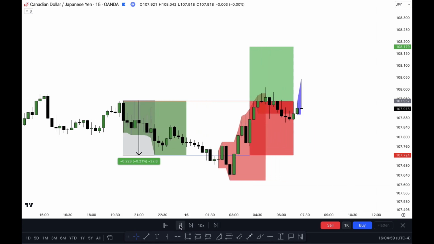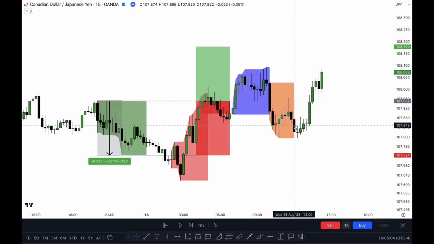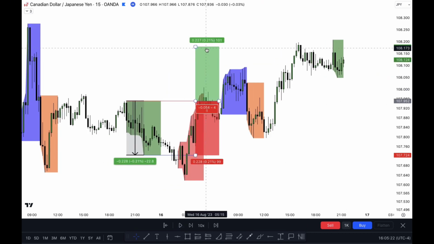You play it forward. We can see even after 12 p.m., we don't get that TP that we're waiting for. But if you do stay patient or you stay on ship, because some people do abandon ship and they close out before the market does take more away from them, or they hold till either side is hit, whether their TP or SL is hit. And you see as the day progresses, we do get that TP1 right up there.